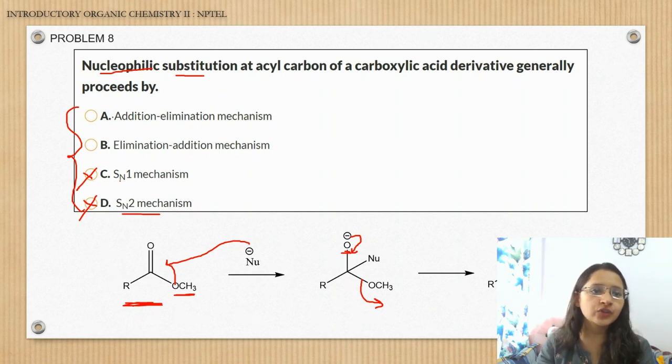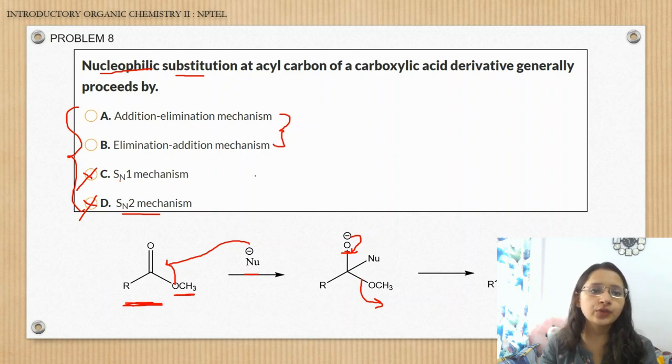So we have to decide between these two options. Is it an addition-elimination or an elimination-addition mechanism? Depending on the nature of the steps, we have to decide. First of all, the nucleophile adds on this particular carbon, and after that the oxyanion comes back and elimination of the methoxy takes place.